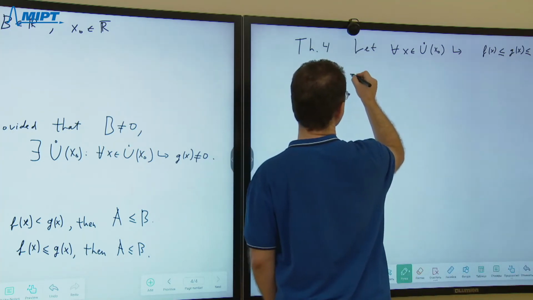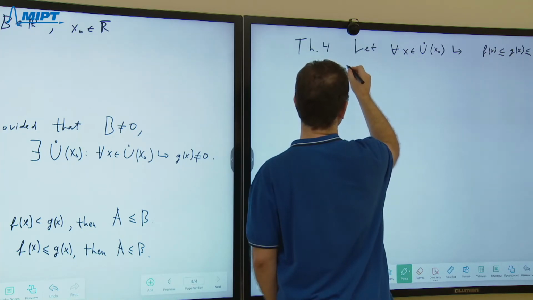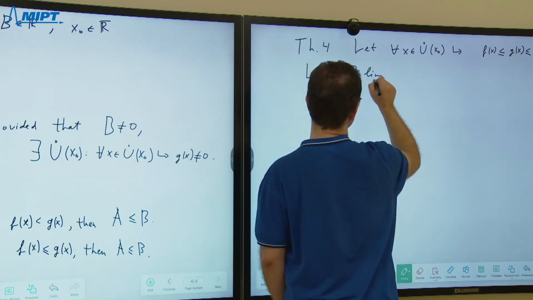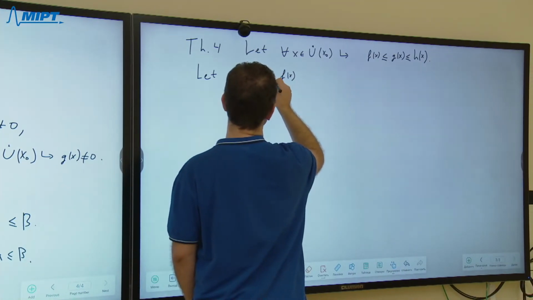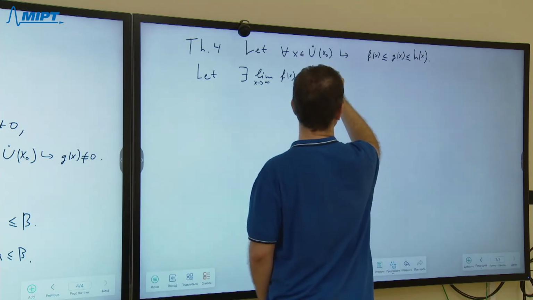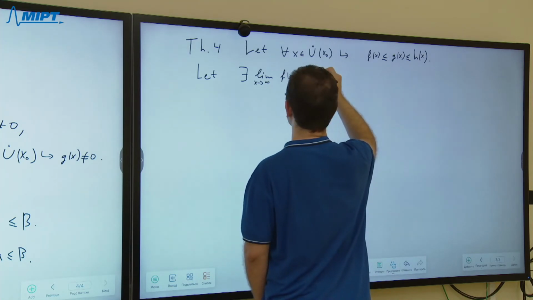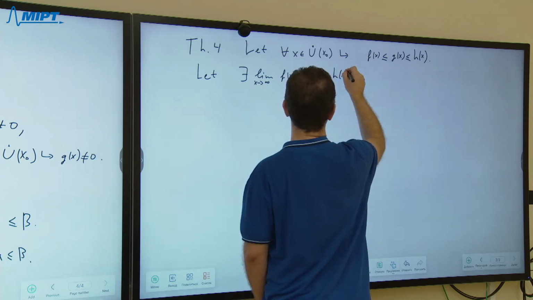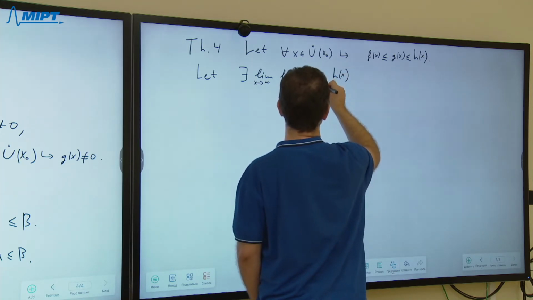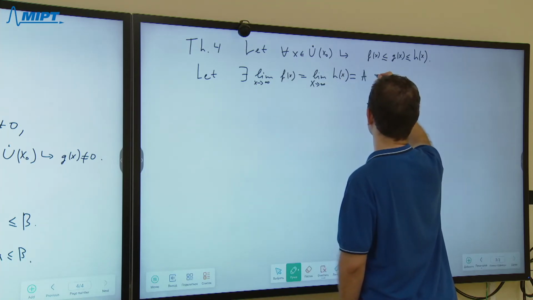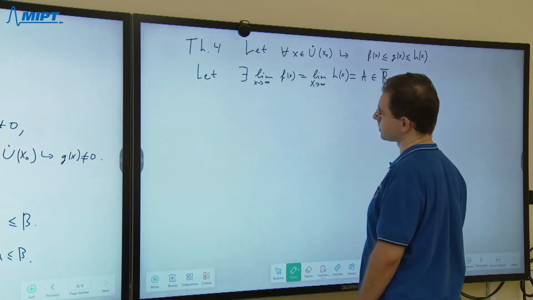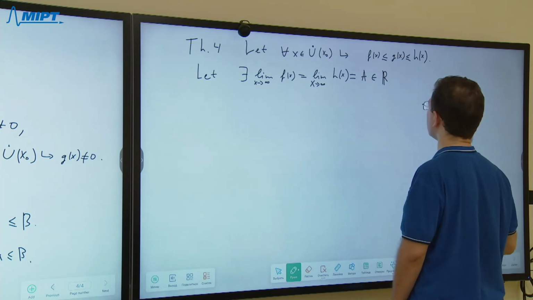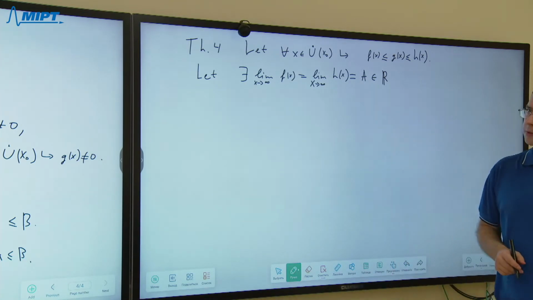Let also there be a limit of f of x and a limit of h of x, and this limit we'll call a. It could be a real number or infinity. No, not infinity. Only a real number, not infinity.